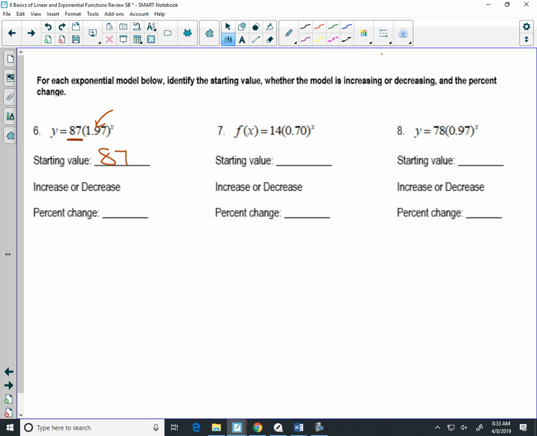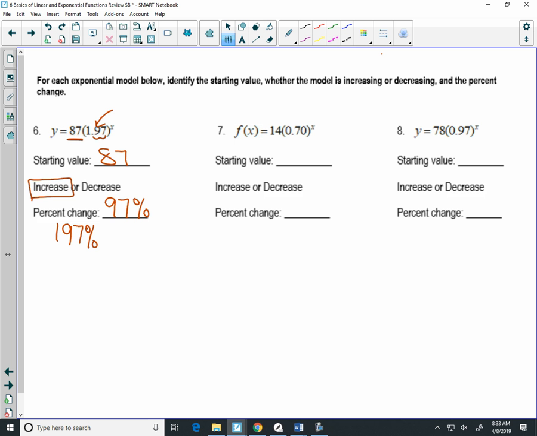Here we're multiplying by a number that's bigger than 1, so this is going to be an increase. And if you would like, I like to change that 1.97 into 197%. That's quite a percent change. So that's a percent increase of 97%. We're 97% away from 100.